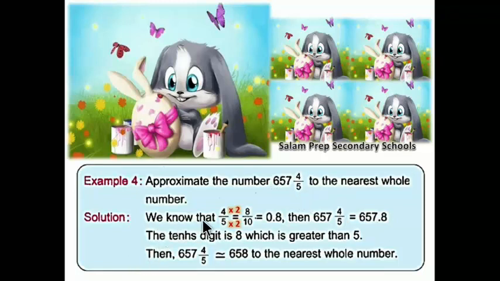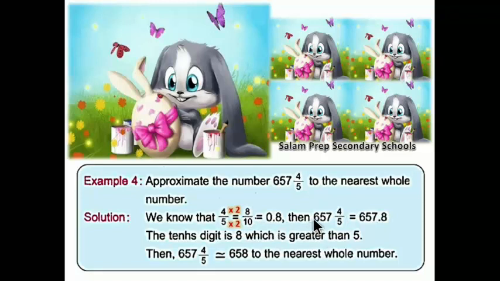We know that 4/5 equal 8/10. We can convert proper fraction to decimal fraction. Okay? 5 times 2 equal 10. 4 times 2 equal 8. 8/10 equal 0.8.